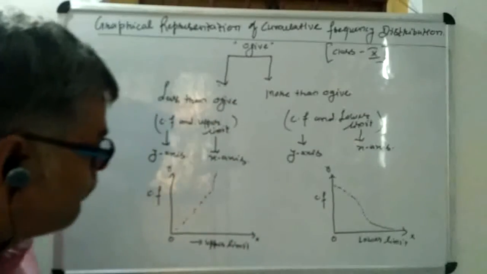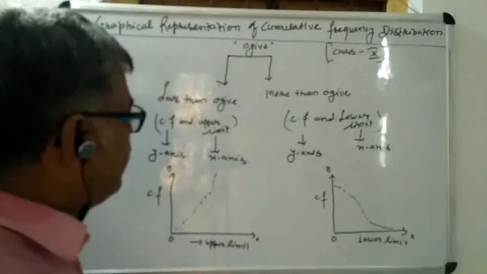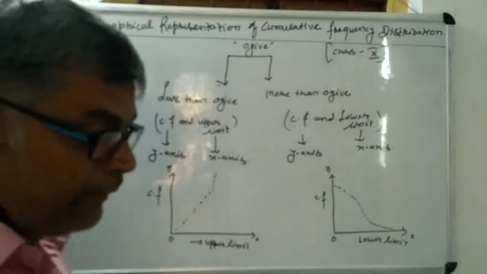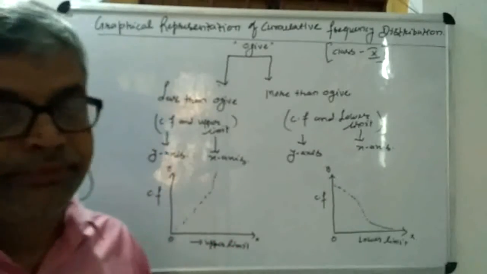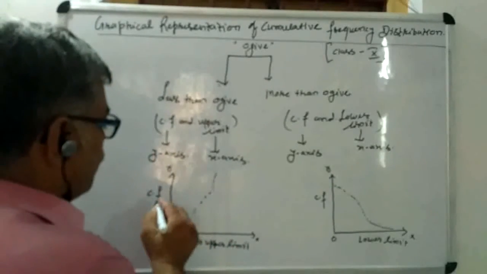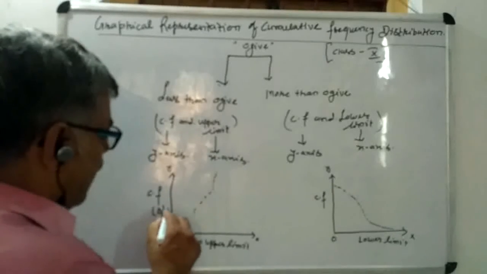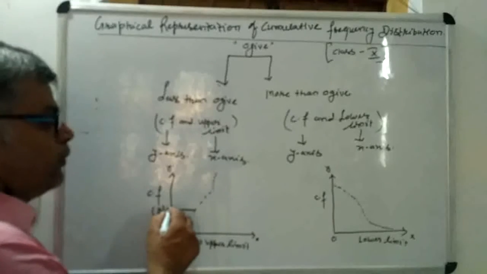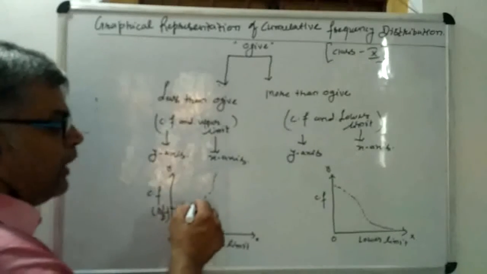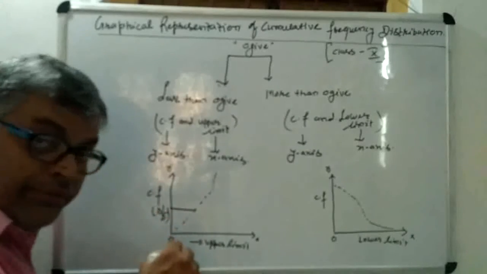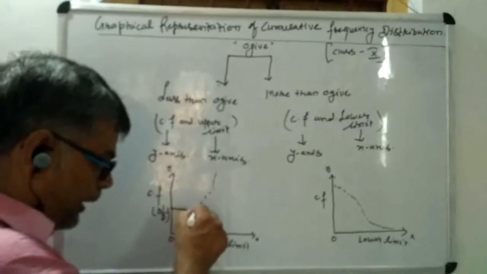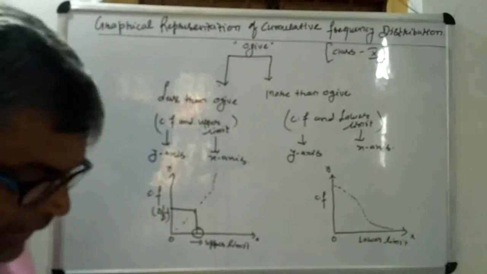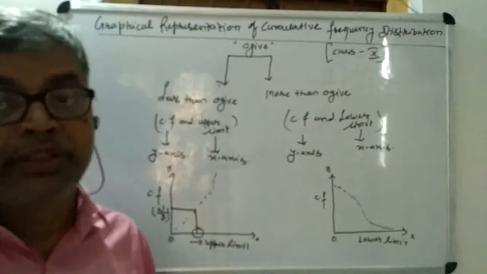One more thing, you can get the median also from the ogive. To get the median, first find n by 2, which is half of n. From n by 2 on the y-axis, draw a line parallel to the x-axis, which will intersect the curve, and from that point draw a line parallel to the y-axis, and this value will give the median of the distribution.